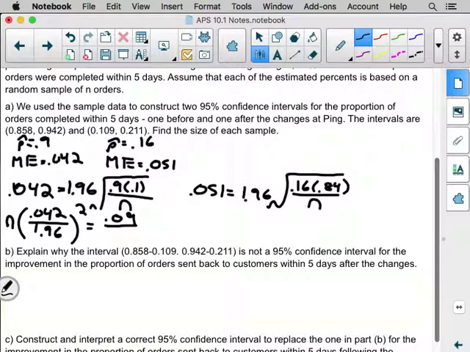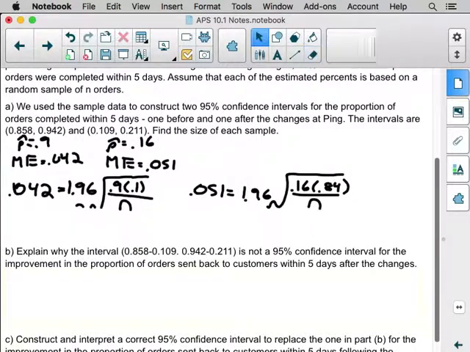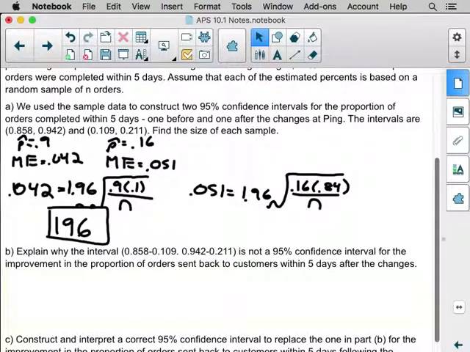I divide by this kind of beast here, right? So when I do that, 0.09 divided by this thing, that's going to give me a sample size of 196 for this one.